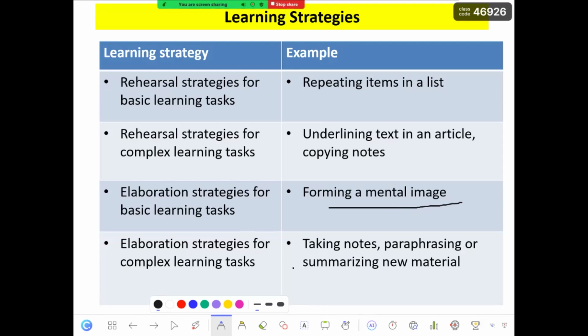And in elaboration, taking notes, paraphrasing. This is a very good strategy to understand something. Suppose I ask you to read a particular article, right? For example, I show you this one.